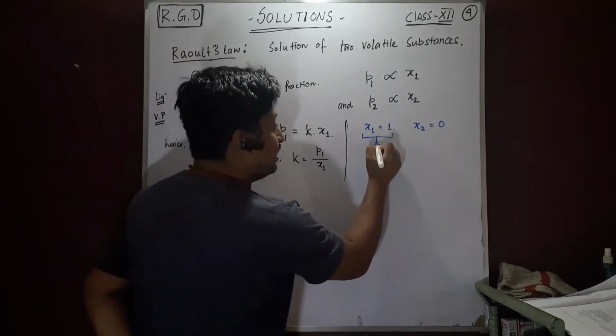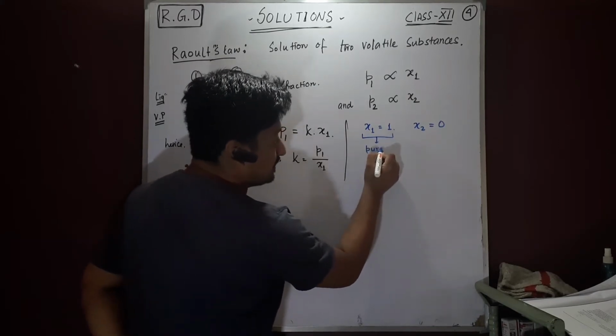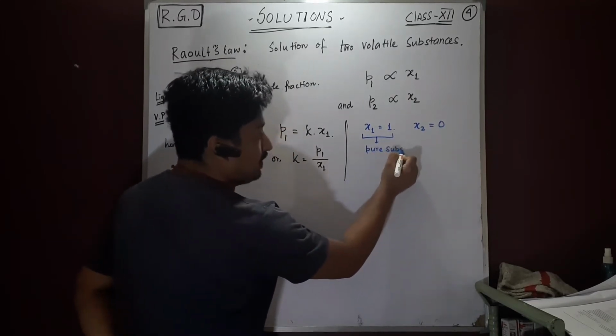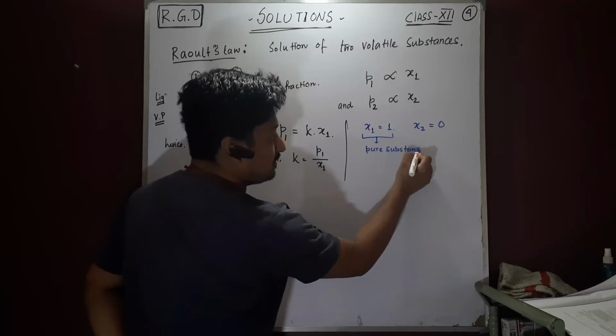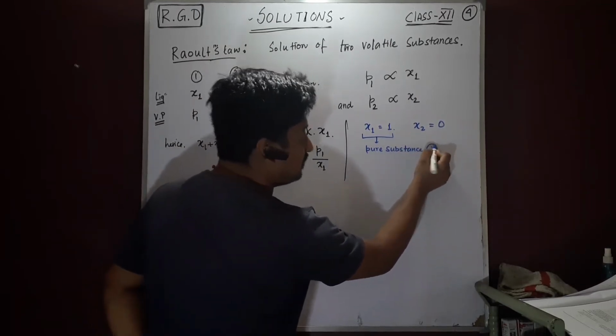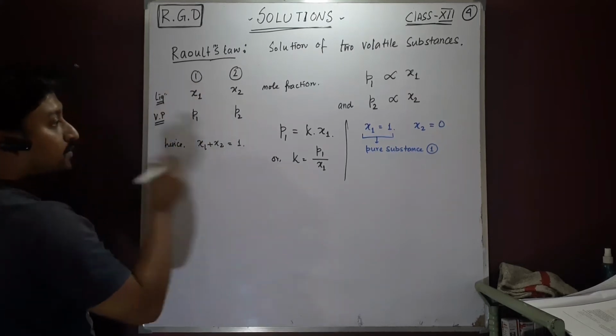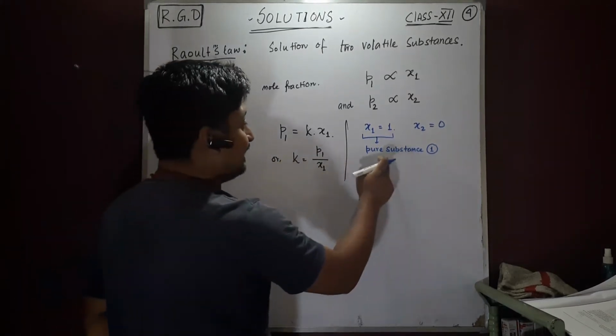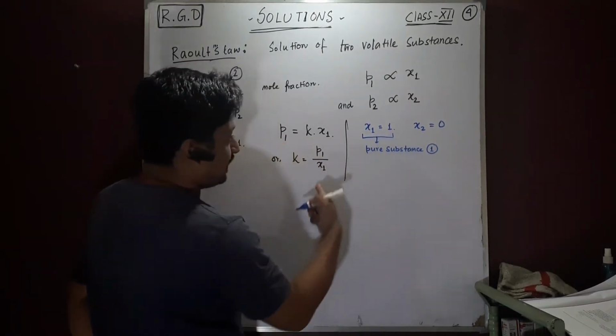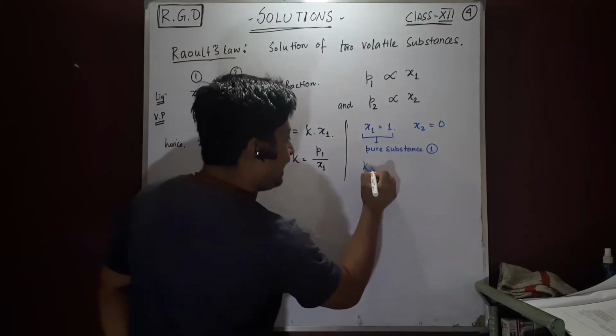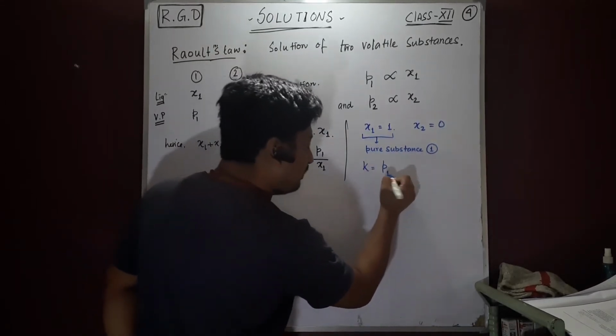This suggests it is a pure substance, not a mixture. Pure substance of the component 1. And in that case, what I will have here is K equal to P1.